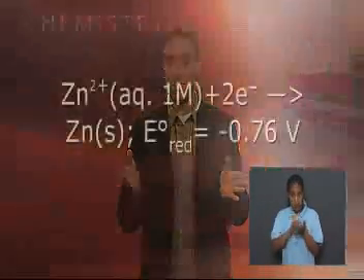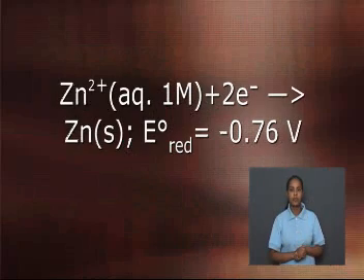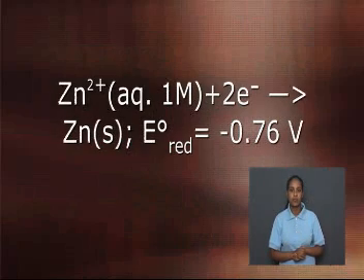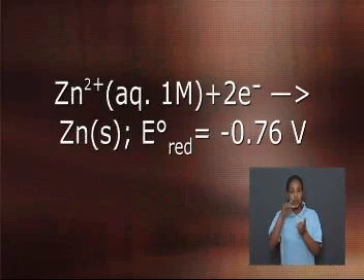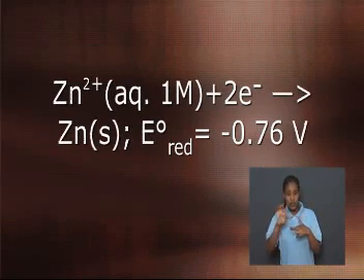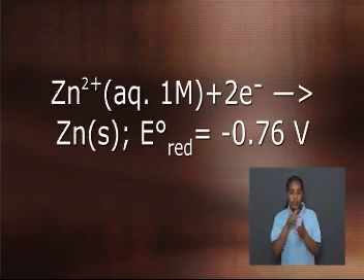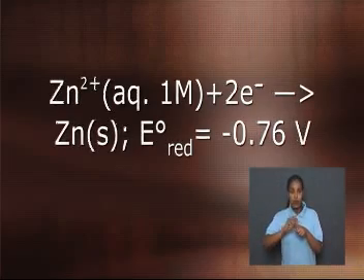We can also write that like this. Students, please note that we write the reaction as a reduction even though it occurs in reverse as oxidation. Whenever we assign a potential to a half reaction, we write the reaction as a reduction.